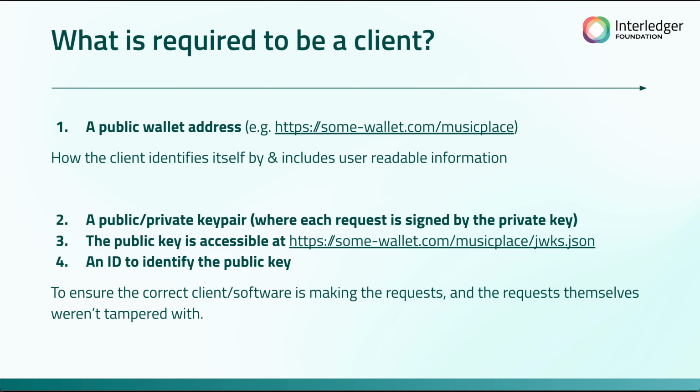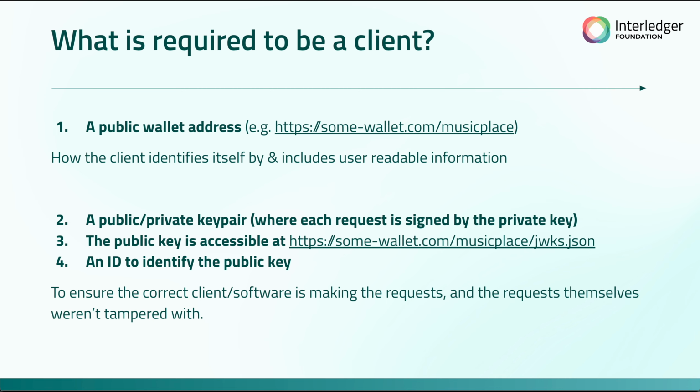The other three things are related to security. So when Music Place is creating a client, I'm using the Music Place example, it will generate a public-private key pair. It will use the private key to make requests, and the public key of the pair will be accessible at the wallet address /jwks.json.